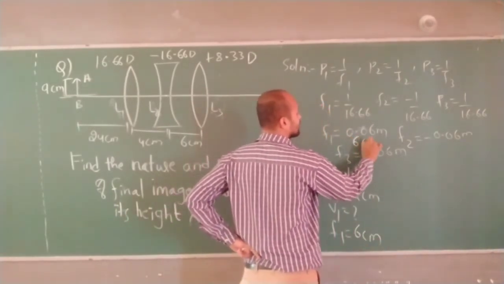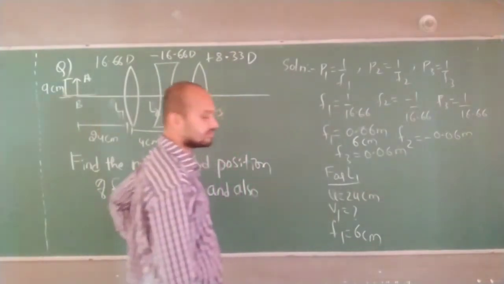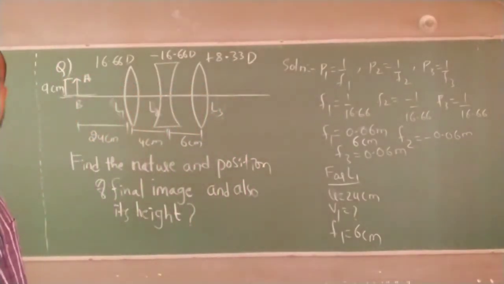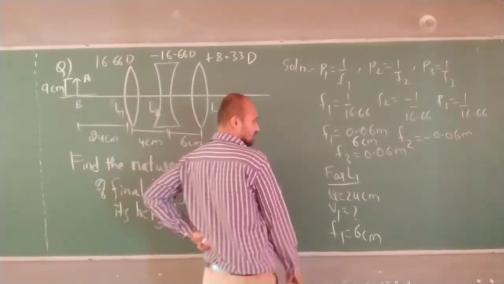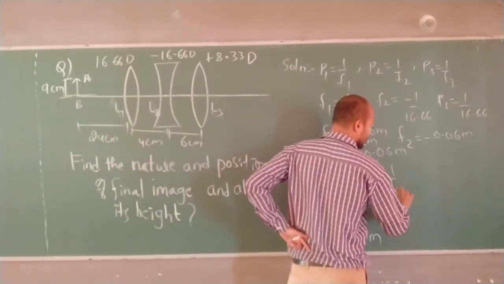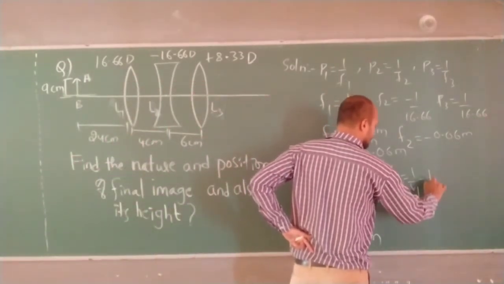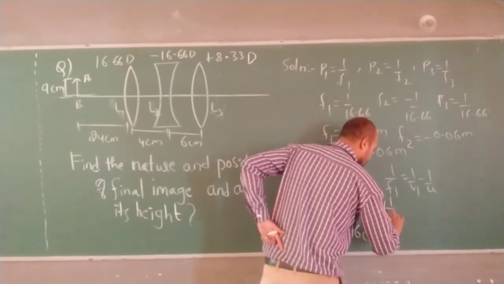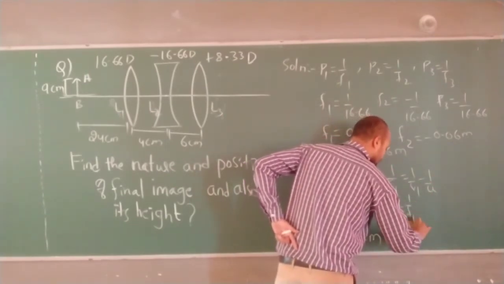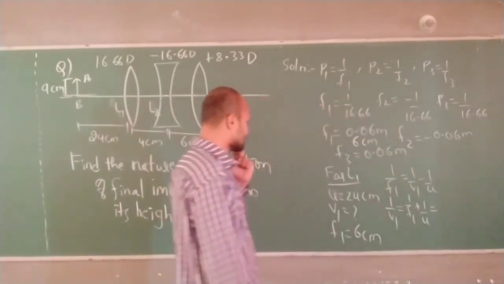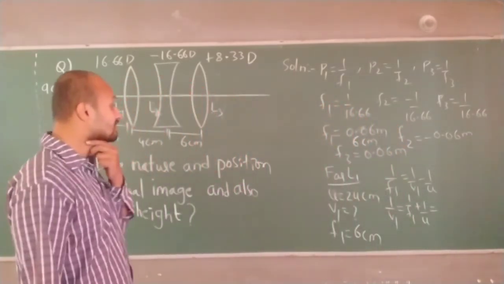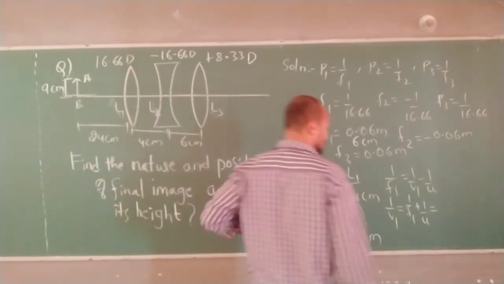So 1 by f1 will be equal to 1 by v1 minus 1 by u. So 1 by v1 is equal to 1 by f1 plus 1 by u. 1 by f1 is 1 by 6.